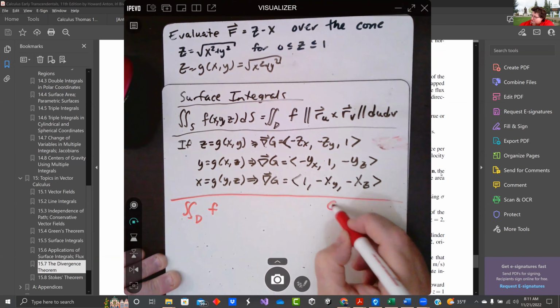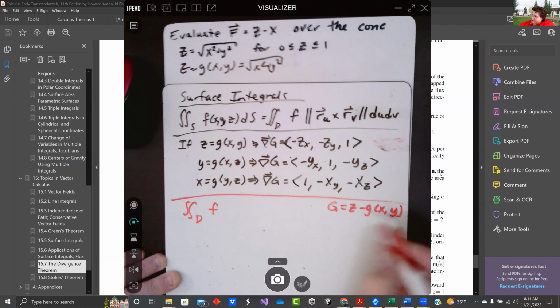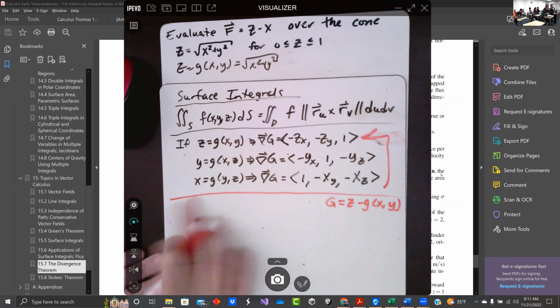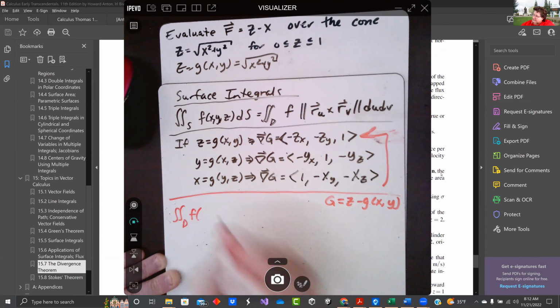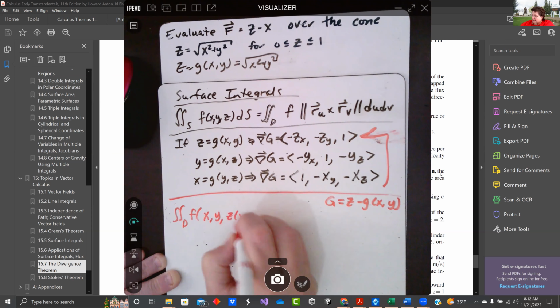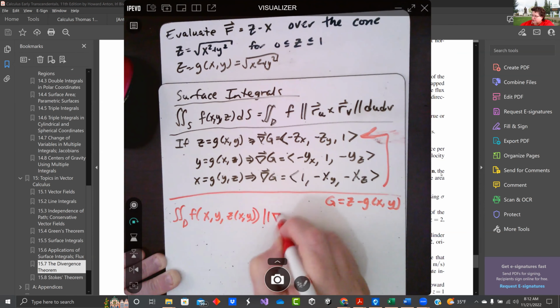What I've got going on there is G equals Z minus g of XY. When you do the gradient, you get that. If we do that, we can instead write this as F of X, Y, and Z of XY, and then we have the magnitude of the gradient of G here.